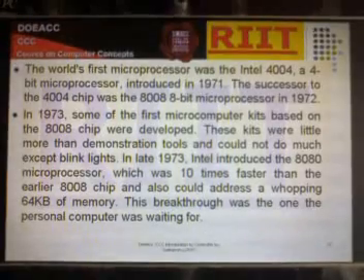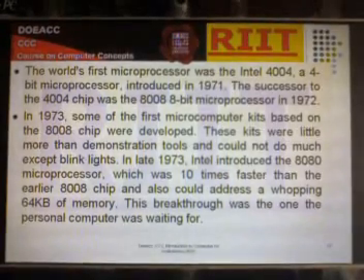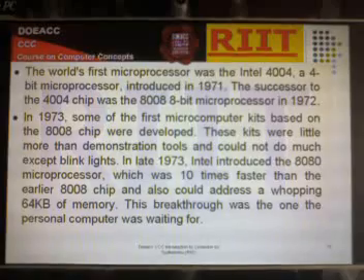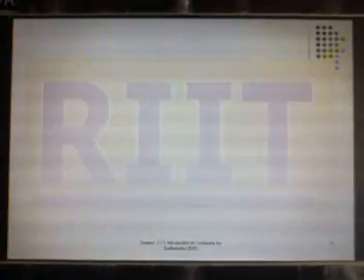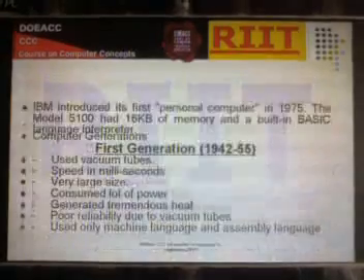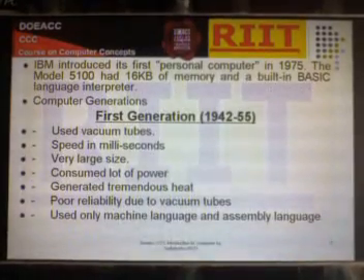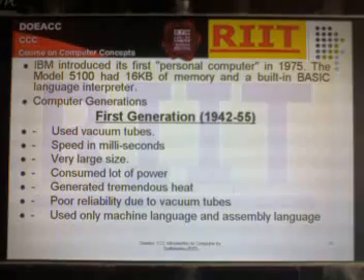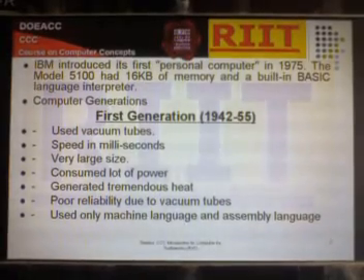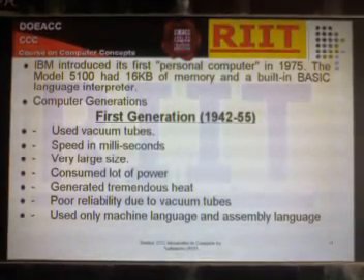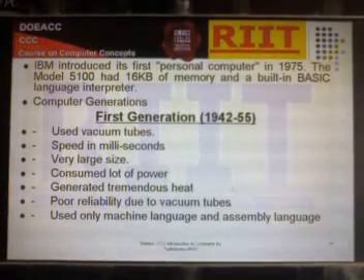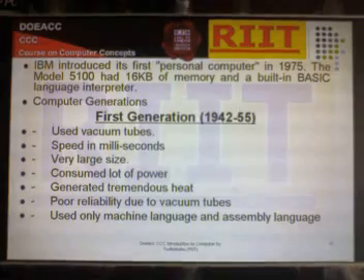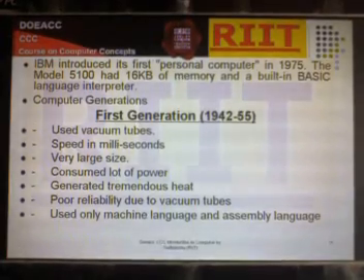This breakthrough was the one the personal computer was waiting for. IBM introduced its first personal computer in 1975. The Model 5100 had 16 KB of memory and a built-in BASIC language interpreter.